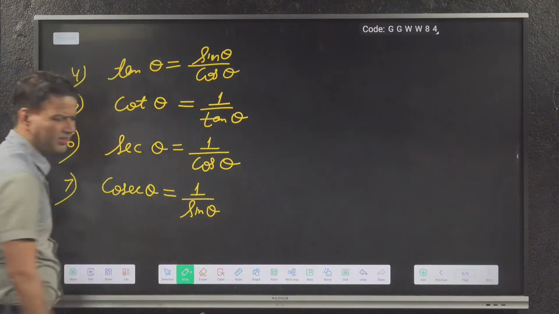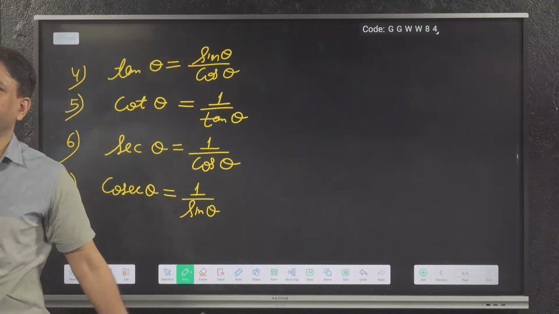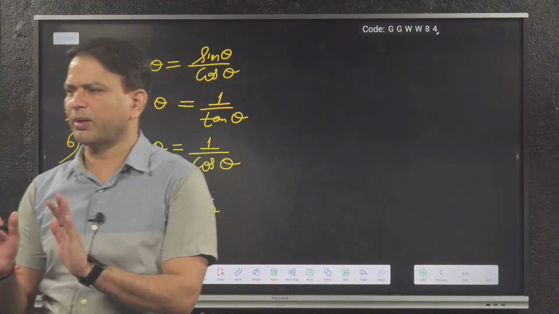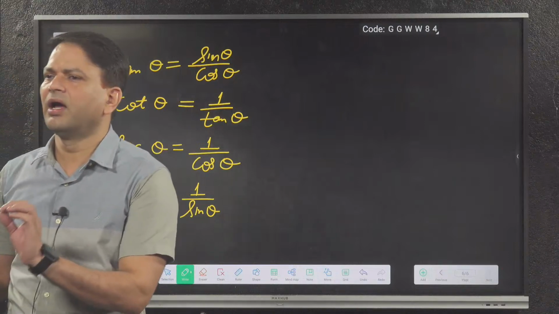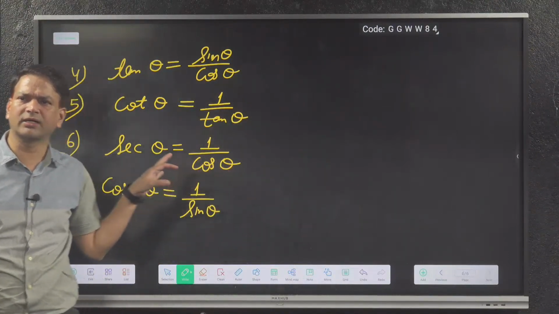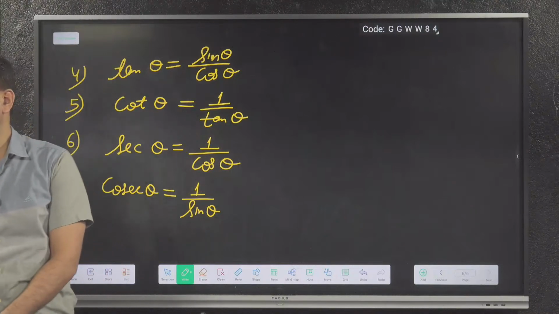It is not very important, rarely they will give, but you have to remember that. So no need to mug up separate formulas of cosec theta, sec theta, cot theta. We have to remember only sin theta, cos theta, tan theta, and we have to know cot theta is the reciprocal of tan, sec is the reciprocal of cos, and cosec is the reciprocal of sin.